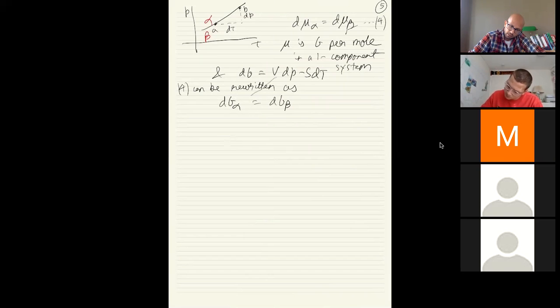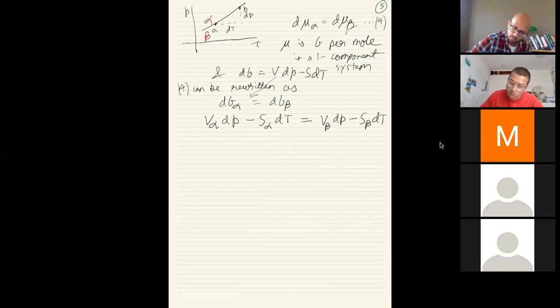And we use this expression for dG over here. What does that mean? That means that V alpha multiplied by dP minus entropy of alpha multiplied by dT is equal to V beta multiplied by dP minus entropy beta multiplied by dT.